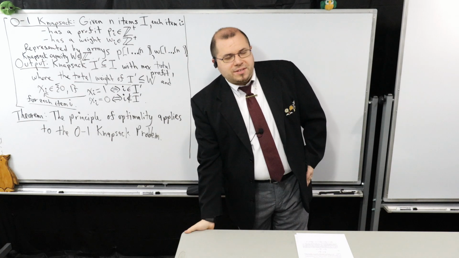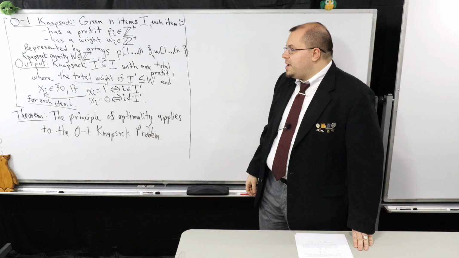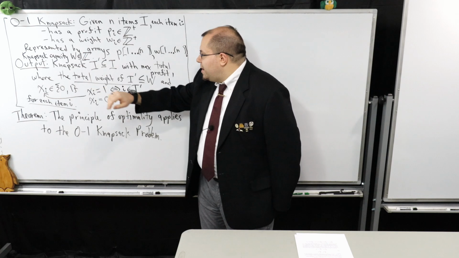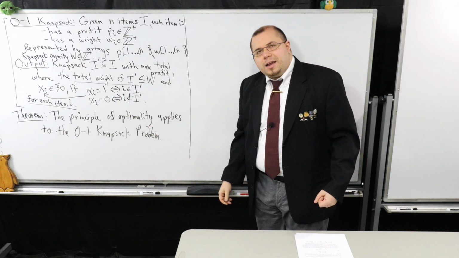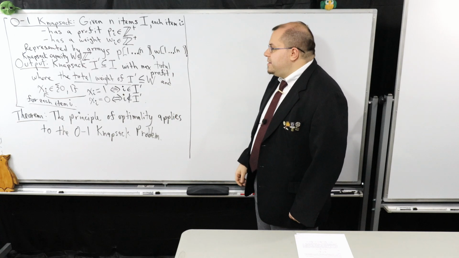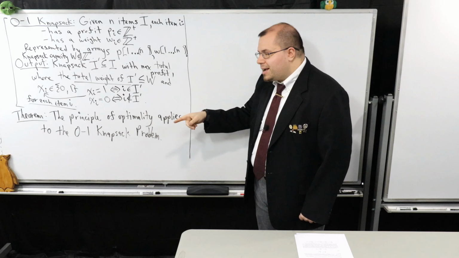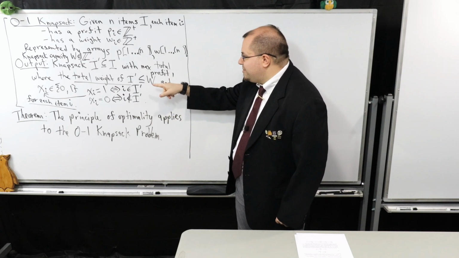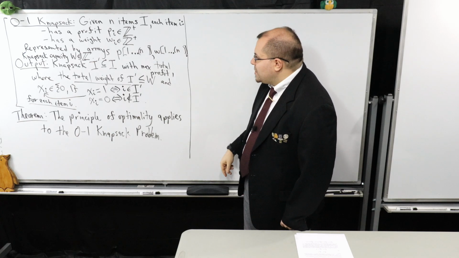The goal here is that we're going to output a knapsack, which is a subset of the items, I prime, where if I sum up all the profits of the items in my knapsack, it is as large as possible. I can't exceed the knapsack capacity when I sum up the weights of the items I put in my knapsack.